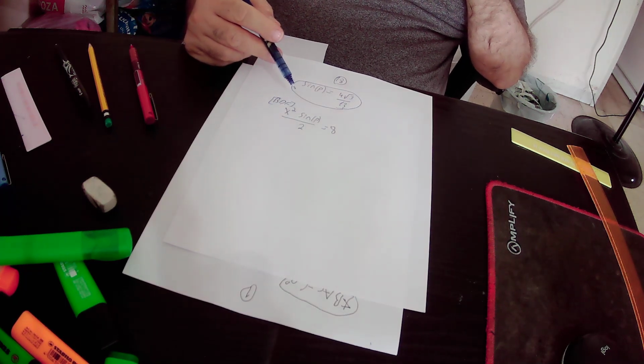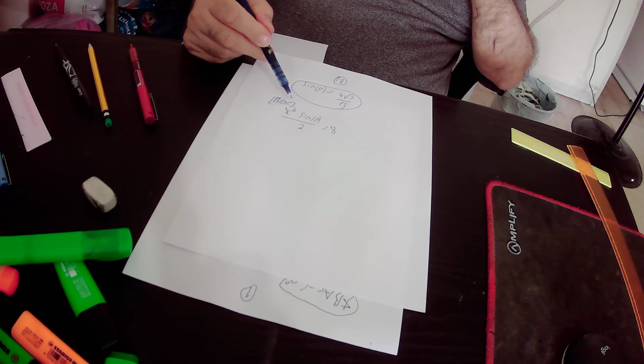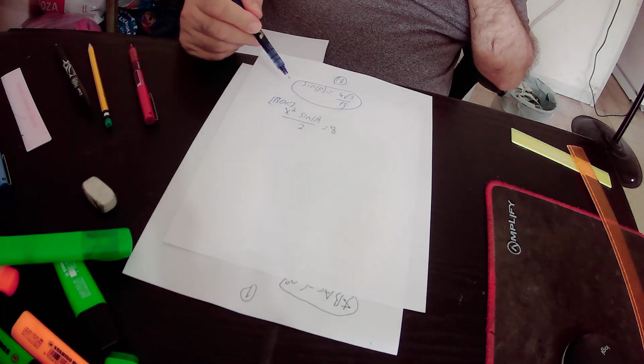And we know that the area equals 8 square units. That is the formula for the area.